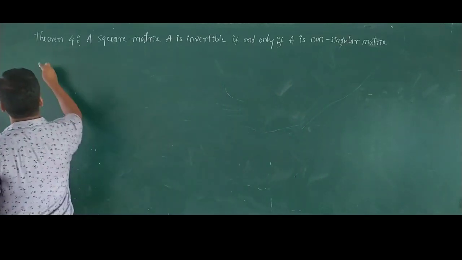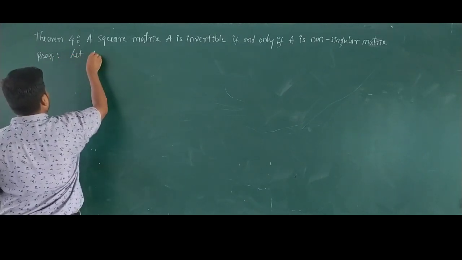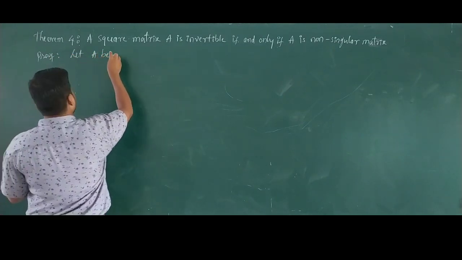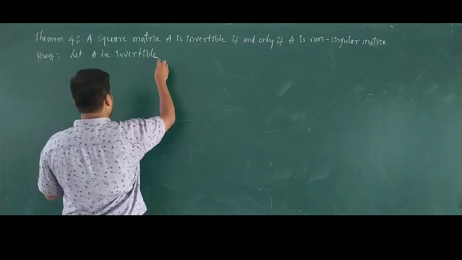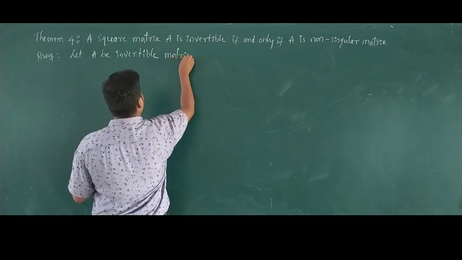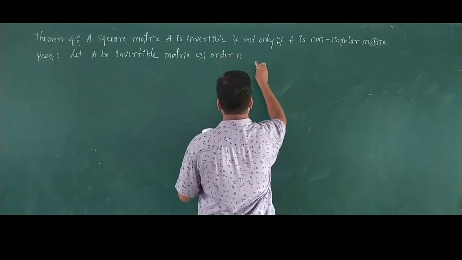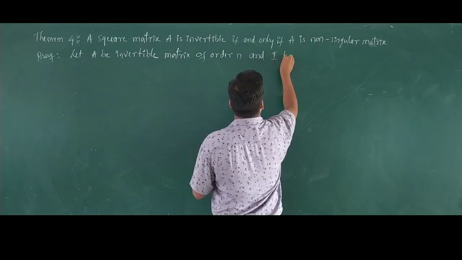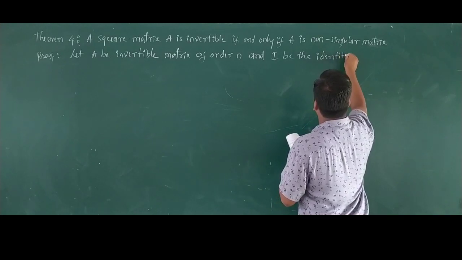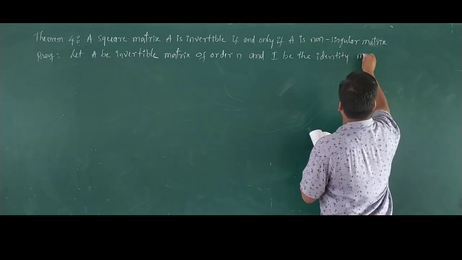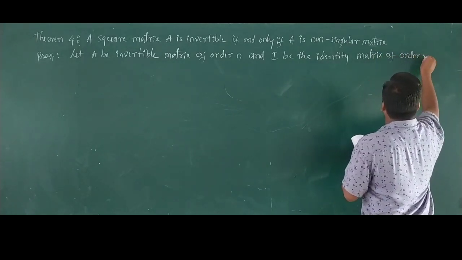Proof. Let A be an invertible matrix of order n and I be the identity matrix of order n.